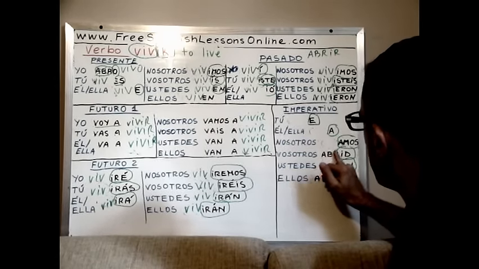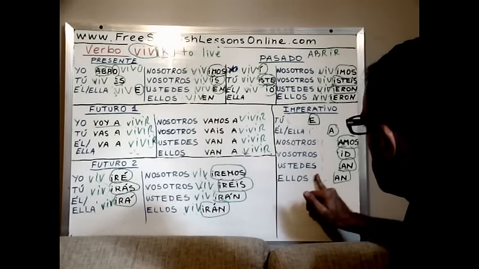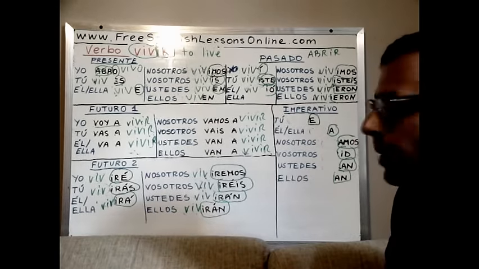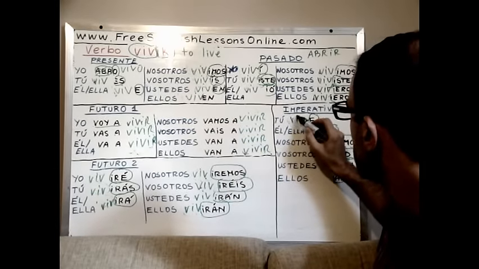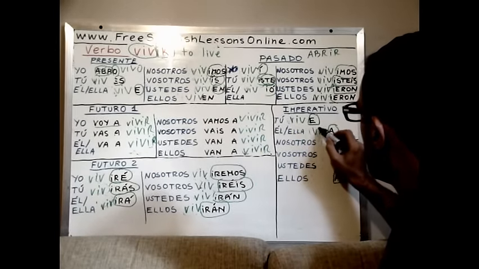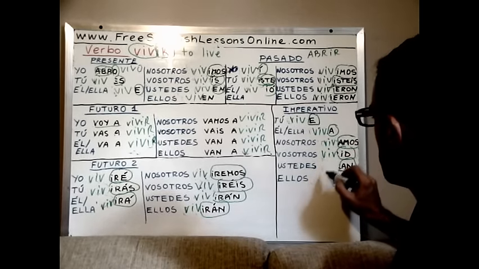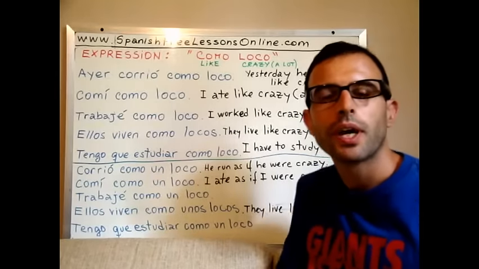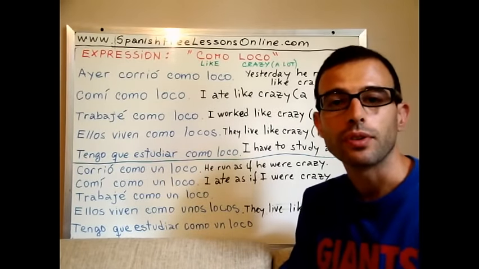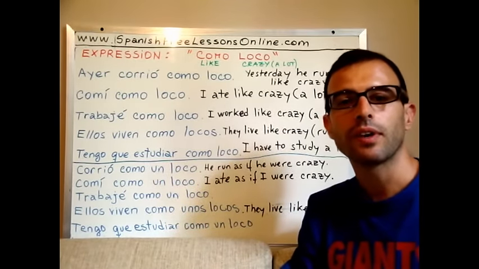And we just replace it with the root of the verb we are conjugating, the verb vivir, okay? Viv, viv, viv, viv, viv, and vivir.